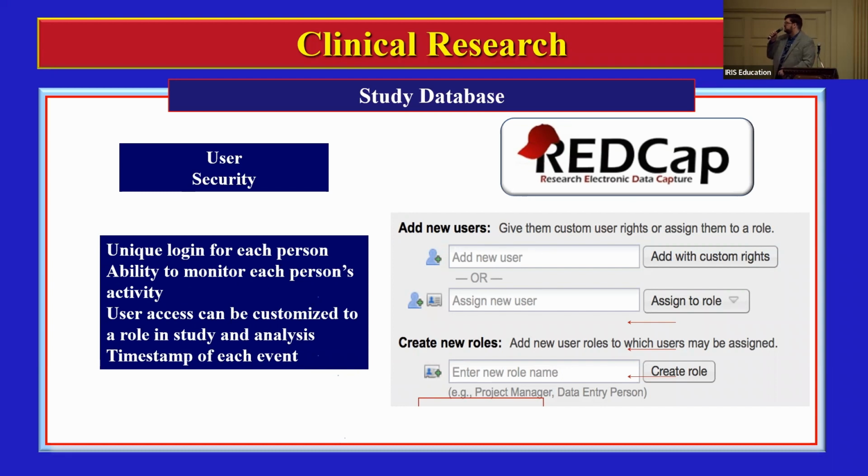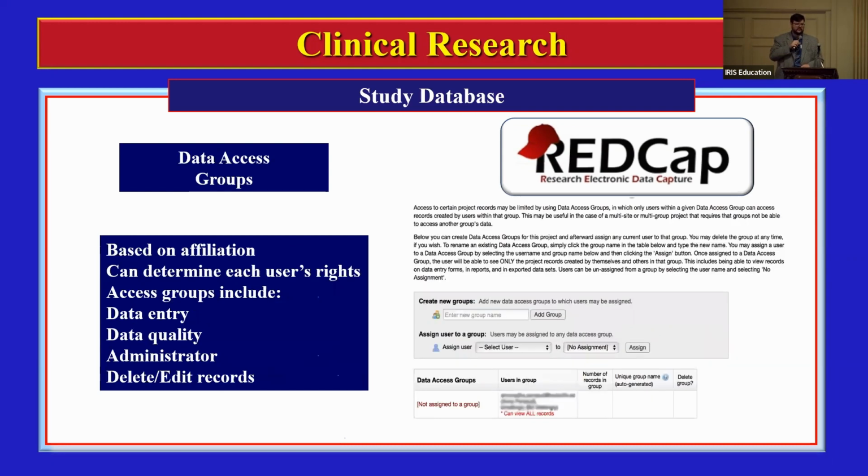And you can also customize the access for each user as well. So you can say, I don't want this user to be able to edit this form. And so that allows you to then modify who can access what and how they can access it. So there's a great deal of control you can have over the users that are logged in.